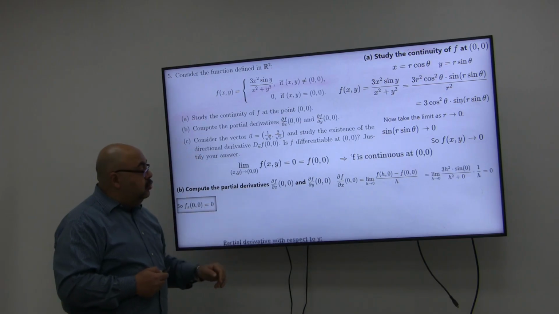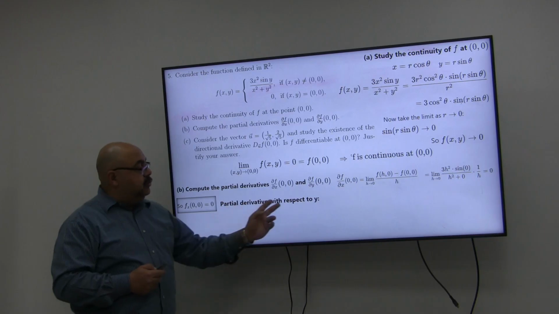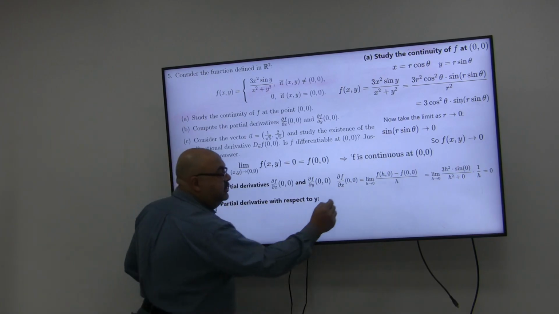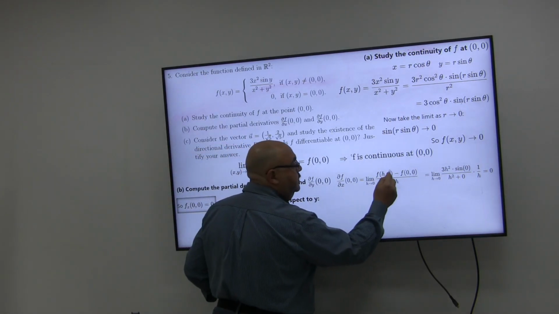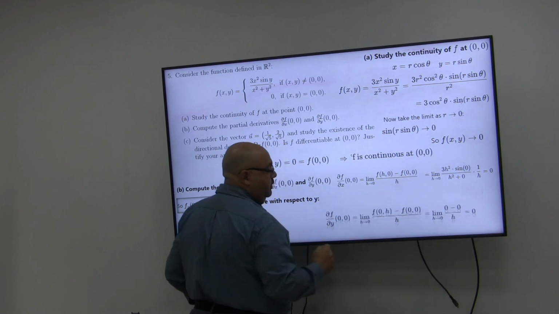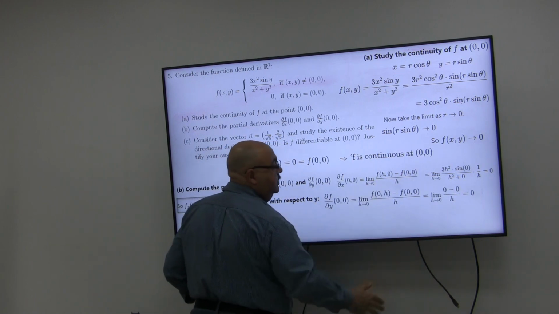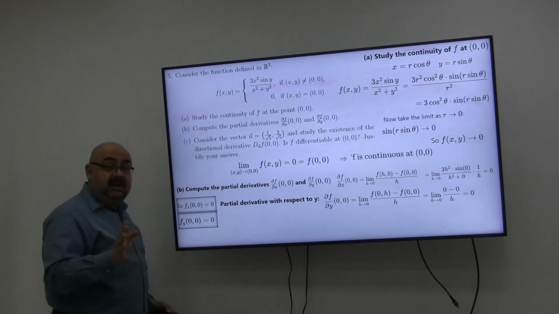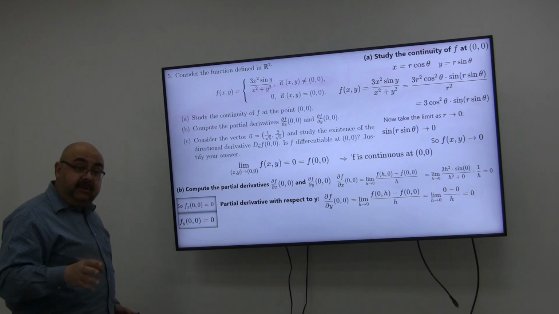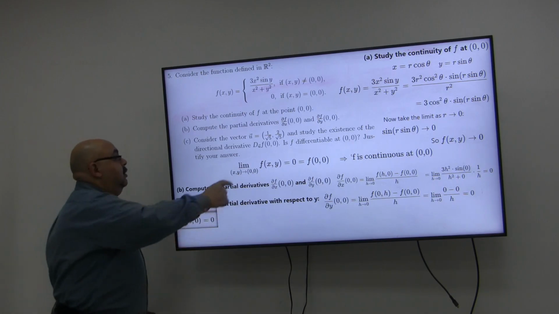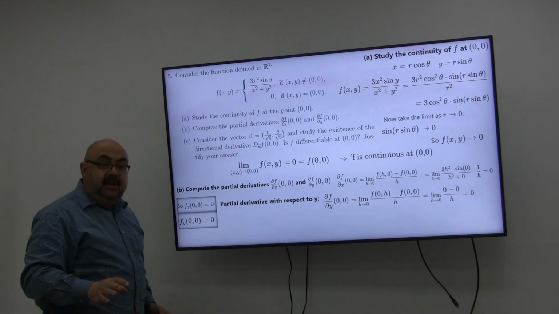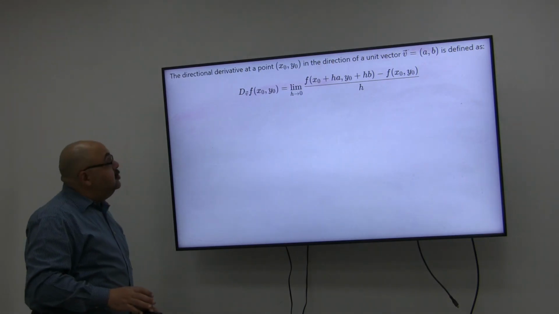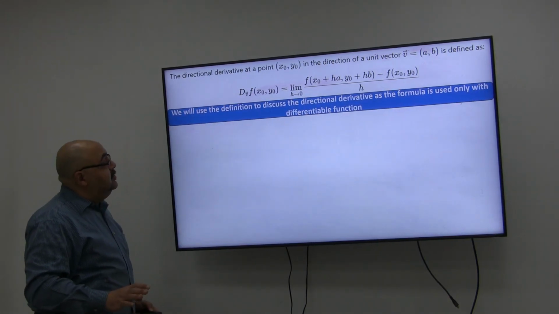And for the partial derivative with respect to y, the only difference is that the first entry is 0 and the second is h, minus f of 0 0, as you can see. The result is equal to 0, so the partial derivatives exist, the gradient vector is equal to 0. Once you multiply it by v, it's going to equal 0 also, so the gradient vector really exists.